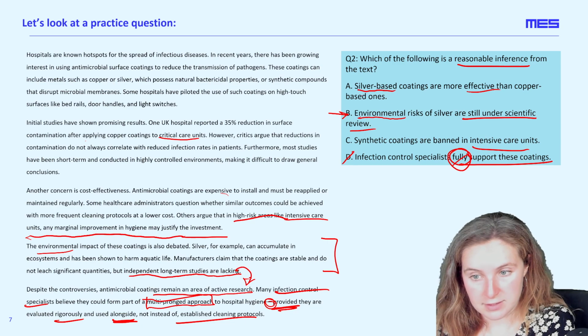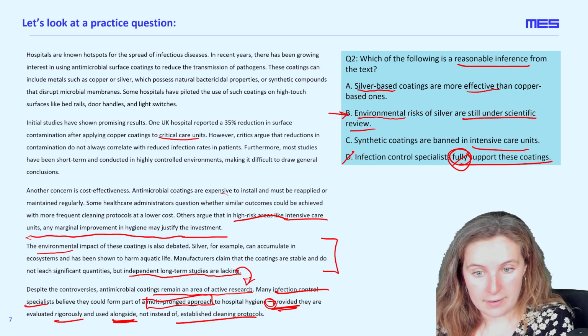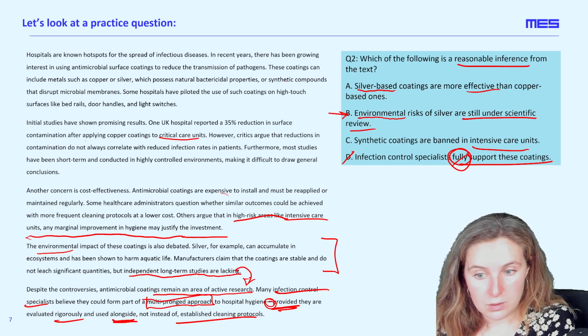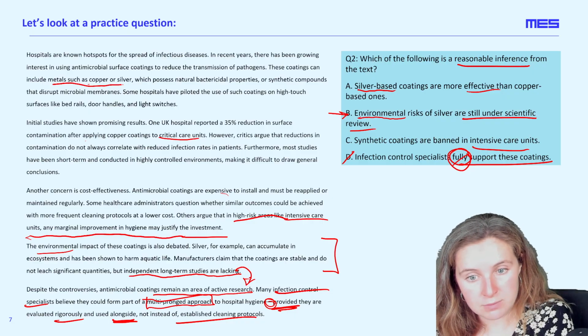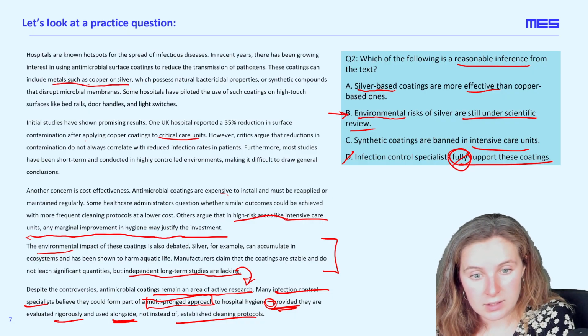Silver-based coatings are more effective than copper-based ones. Okay. Let's take a little scan. Really, the only time we can see the distinction between copper or silver is here.